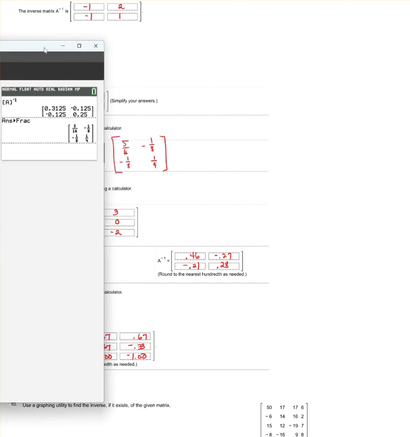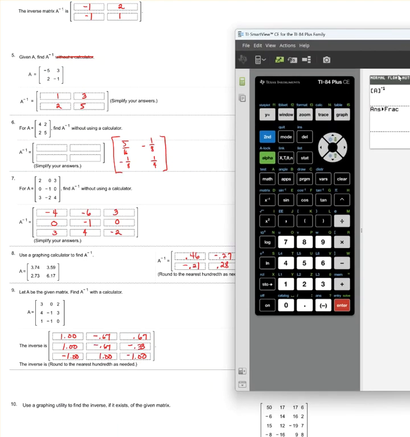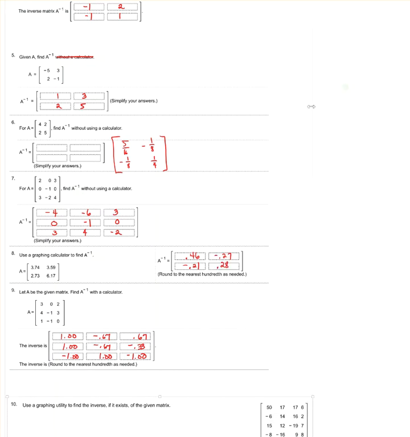Okay, so that one's pretty straightforward. Do the same thing with number 7. It'll be a 3 by 3, but you'll do it exactly the same way. Put it in, quit, go back and get A, and hit the inverse. Do the same thing with number 8. It does want your answer in decimals.